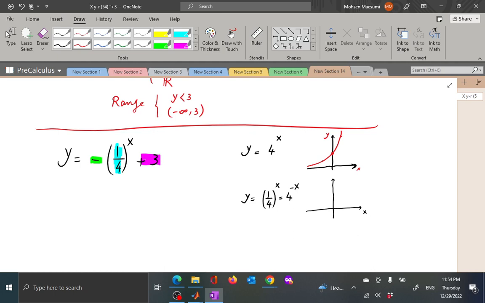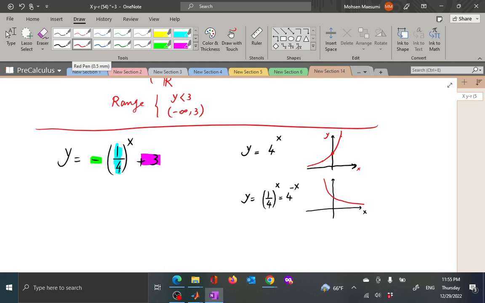Essentially whatever you had here, it flips across the y-axis. So the graph of 4 to the power of minus x, which is the same as (1/4)^x, will be the same as what we had before, except that it is flipped across the y-axis, as if the y-axis was a mirror, and then we took a mirror image of that.